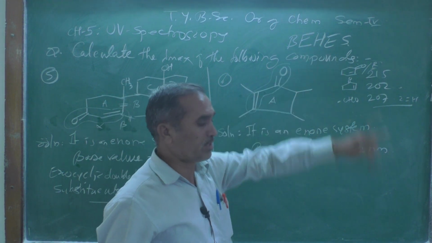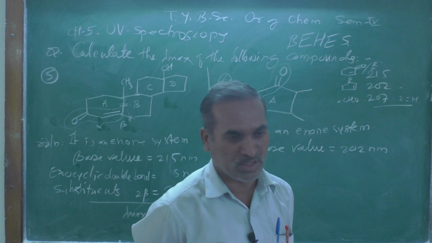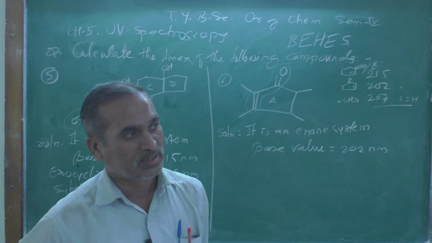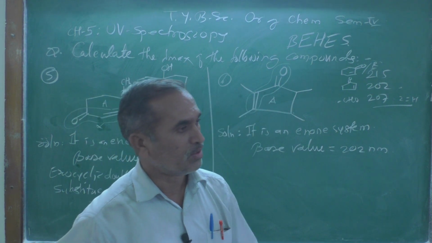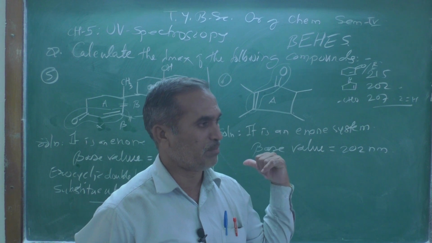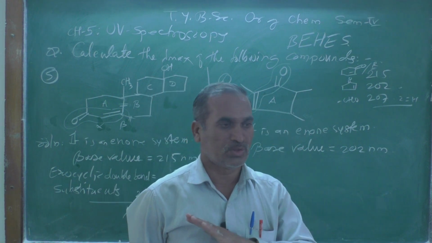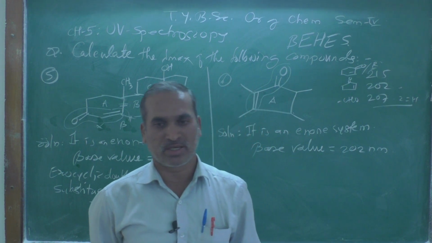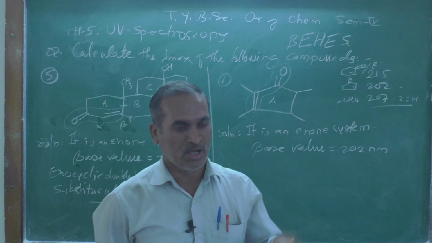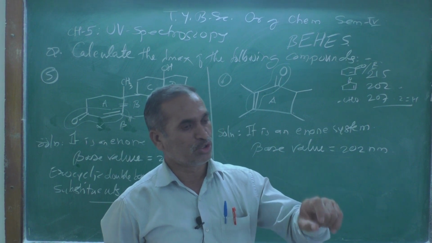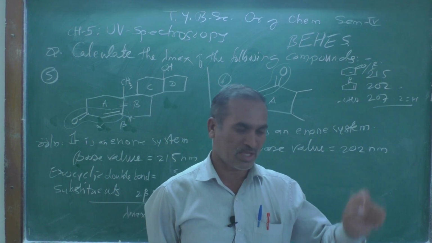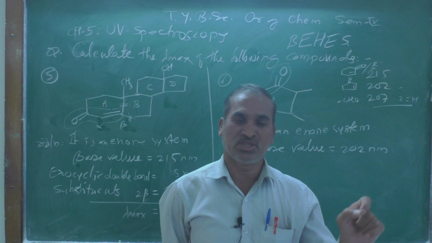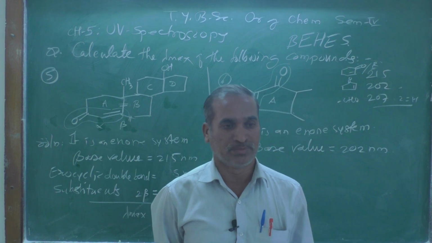Now the third letter A stands for homoannular system. Is a homoannular system present in this compound? No. And for a homoannular system, as we know according to the definition, both the double bonds should be present in the same ring, and alternating.